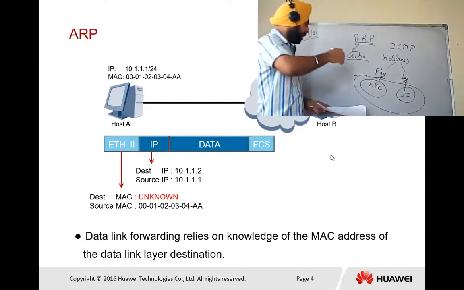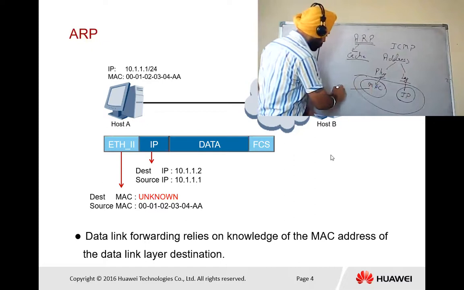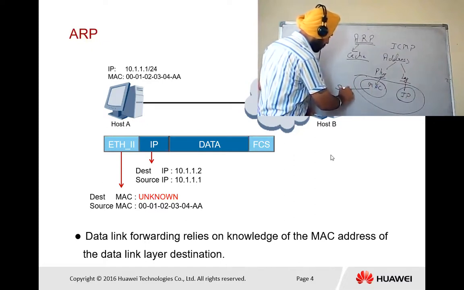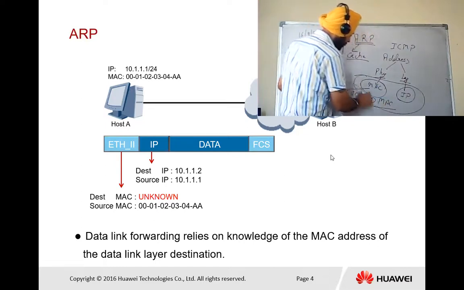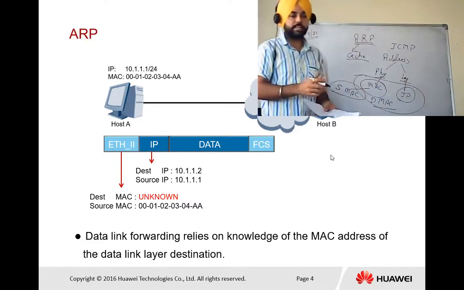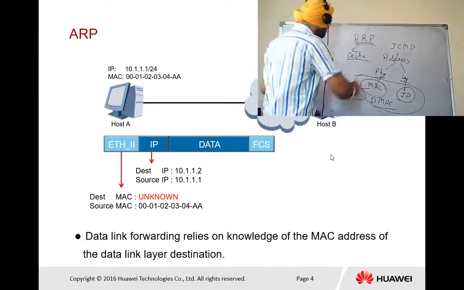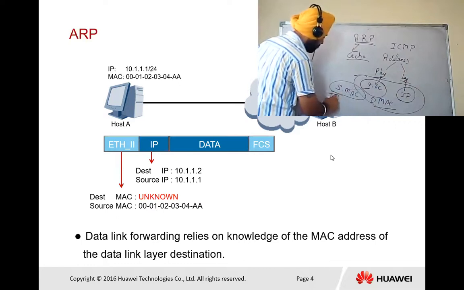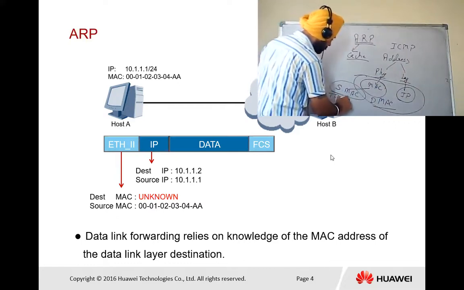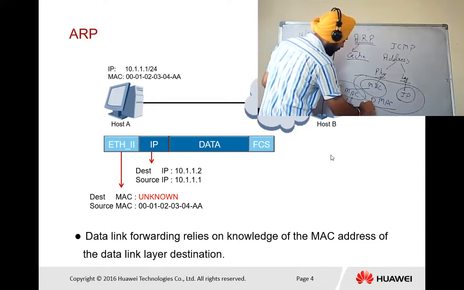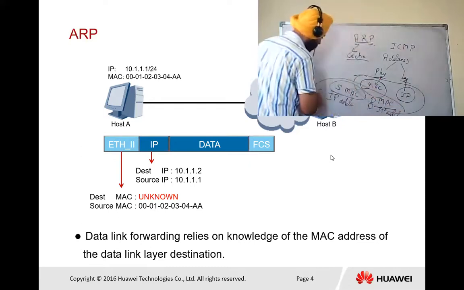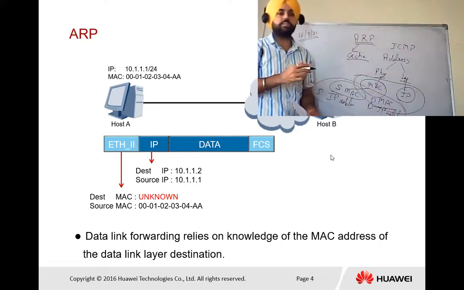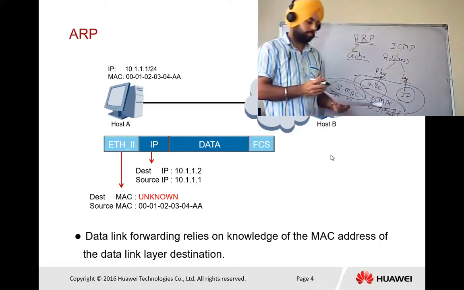Both the source MAC and destination MAC are required, and the same for the source IP address and destination IP address. We require all these components when sending a packet to the destination.